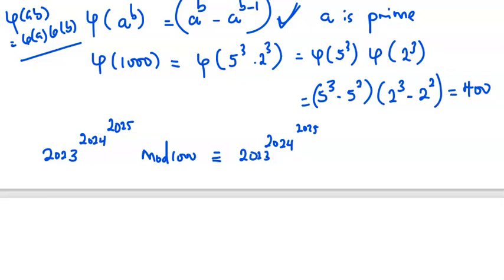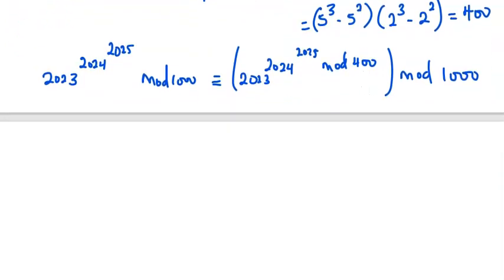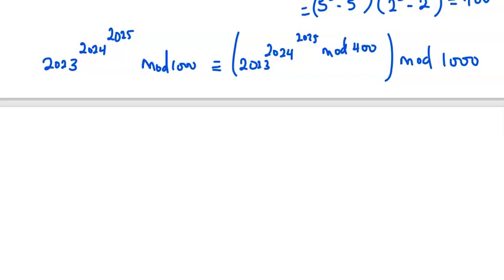So this power now will be evaluated in modulo 400, and do not forget that everything is in modulo 1000, right? Now let us concentrate more on this power. So we need to find 2024 raised to the power of 2025 modulo 400, which is the same as finding the remainder when 2024 raised to the power of 2025 is divided by 400, right?